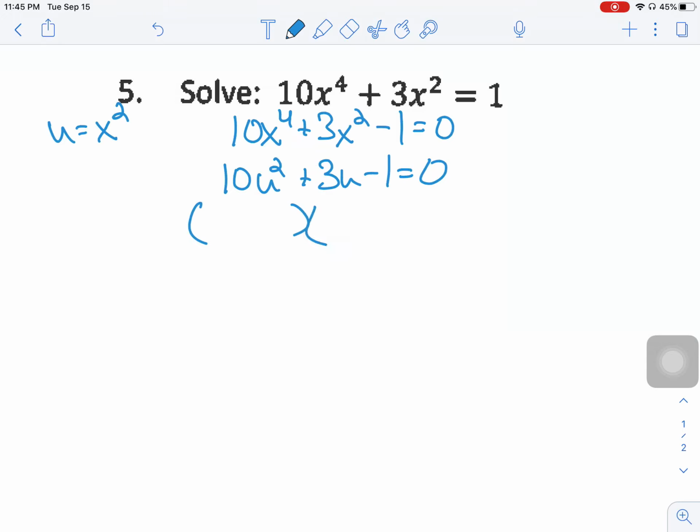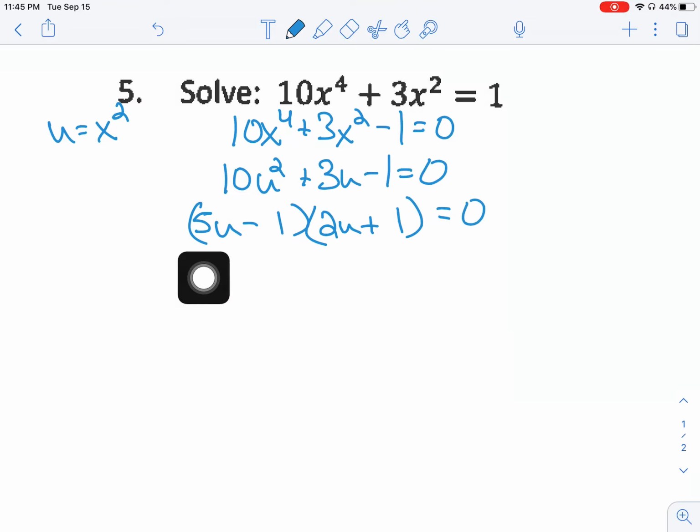I am pretty sure I can guess and check my way through this one. So 5, whoops, that's supposed to be a u. Let's make that 2u, 1 and 1, plus minus. Okay, quick check. 5u times 2u is 10u squared, plus 5u minus 2u is 3u, minus 1. Yeah, all right.